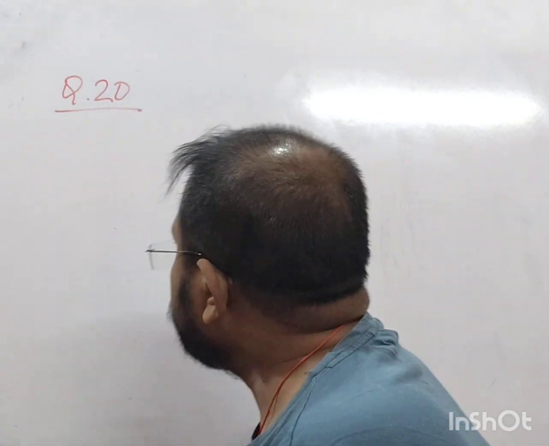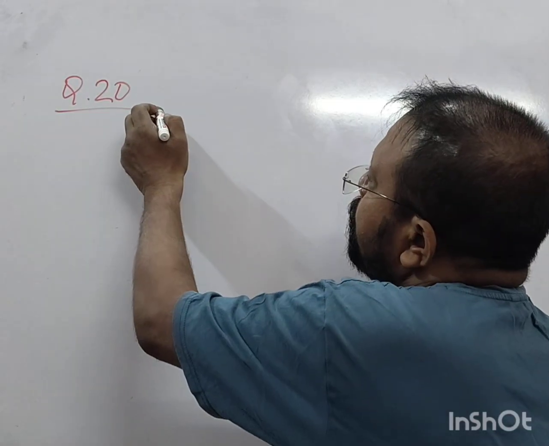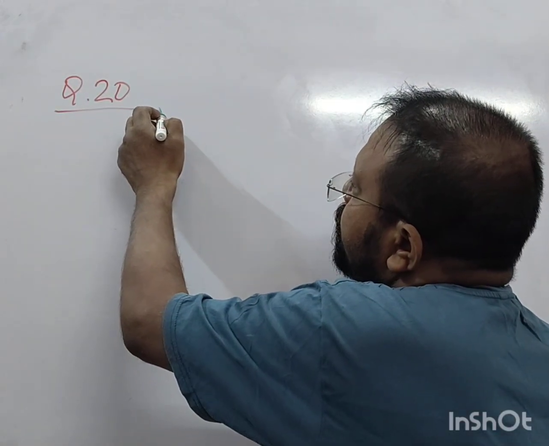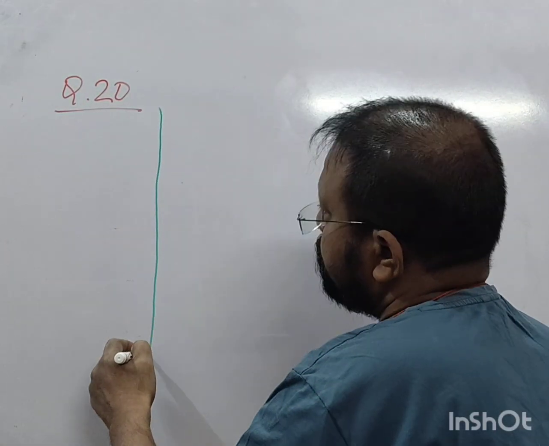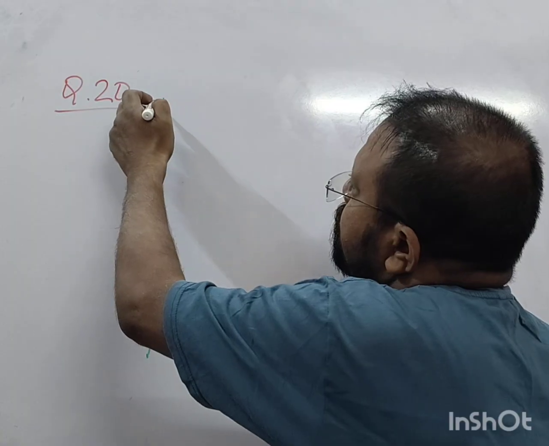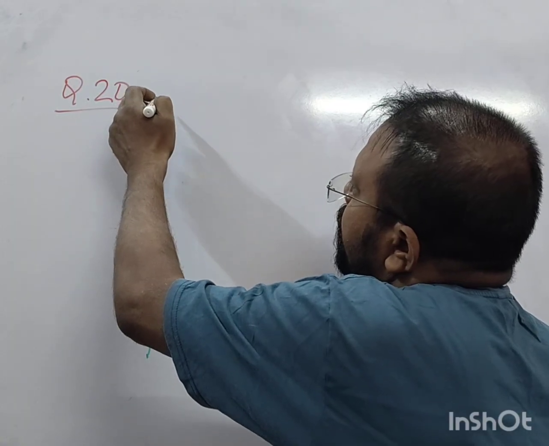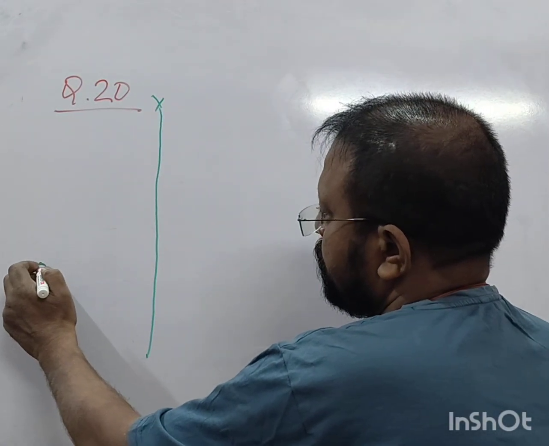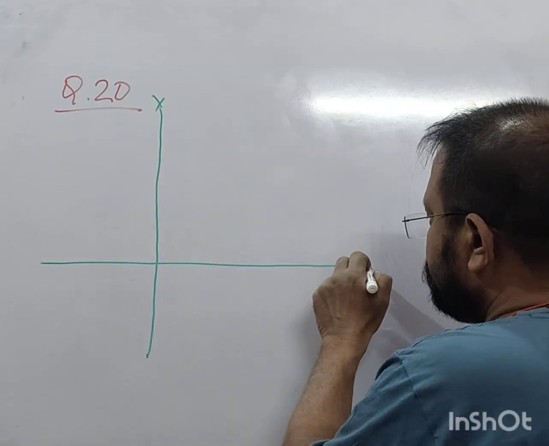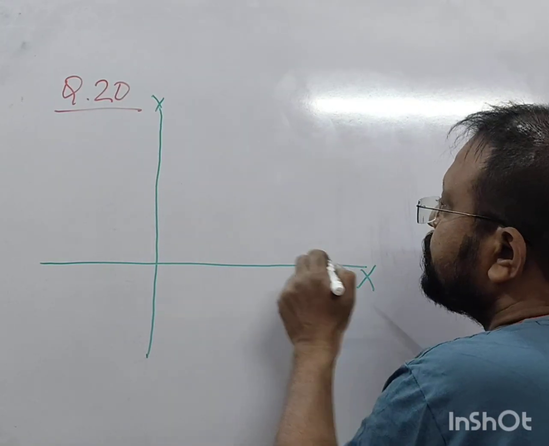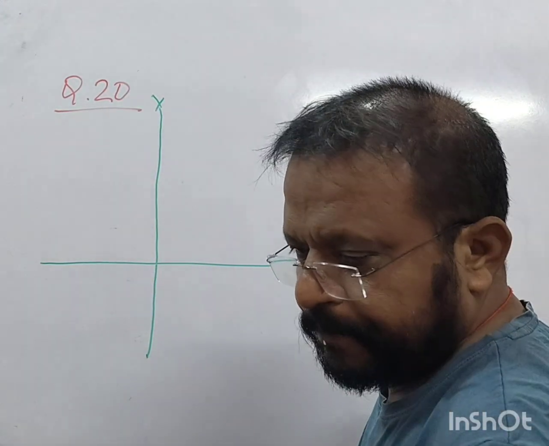Okay, so we have coordinate axes like this. This is the x-axis, and this is the y-axis.